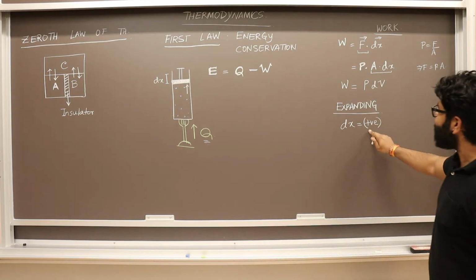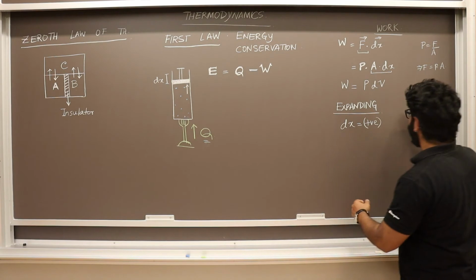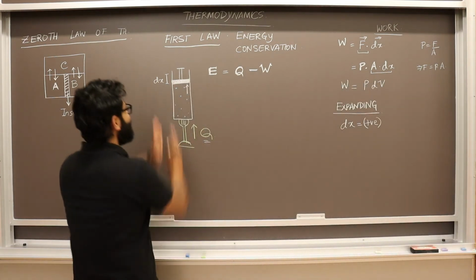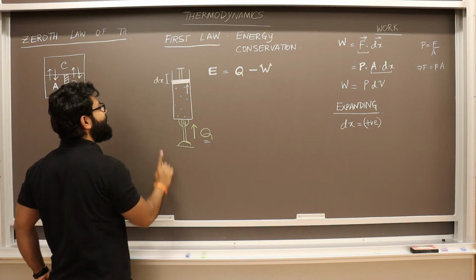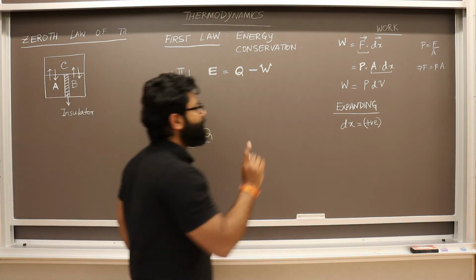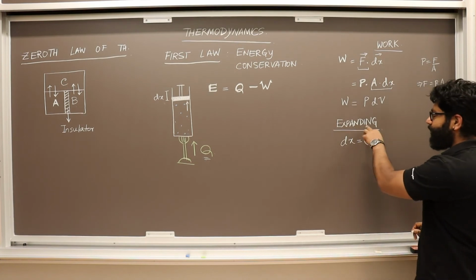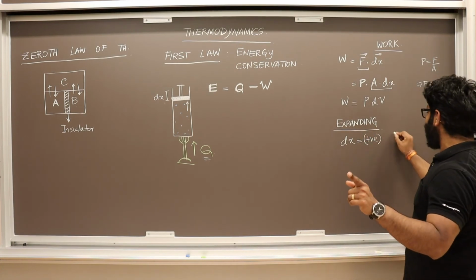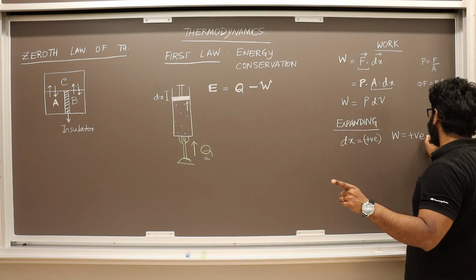So when dx is a positive number, the force was being applied in the upward direction, and the displacement happened in the same direction. So force and displacement were in the same direction. Therefore, during expansion, I will assume that positive work has been done.